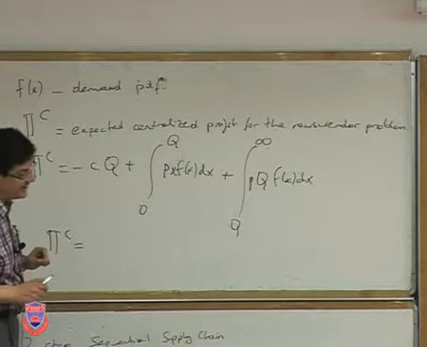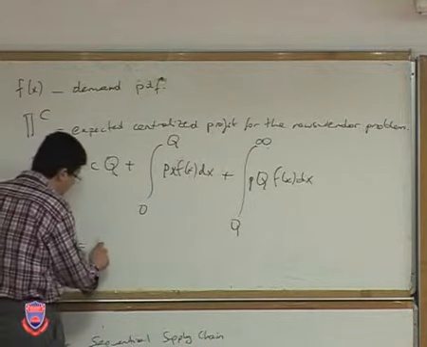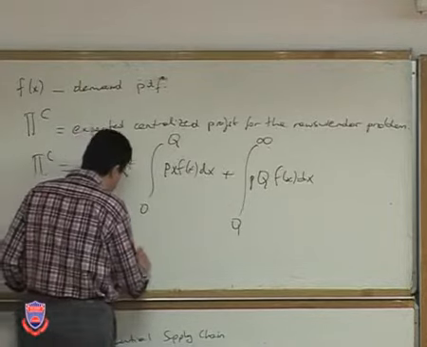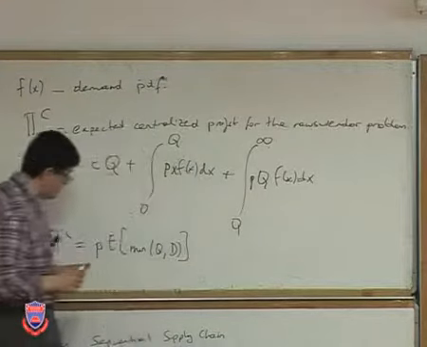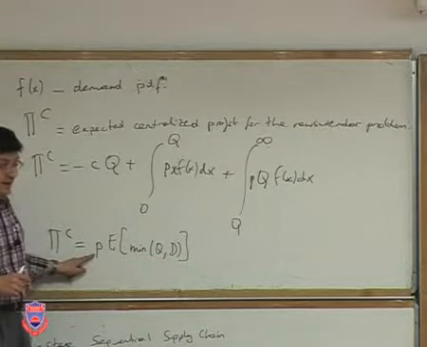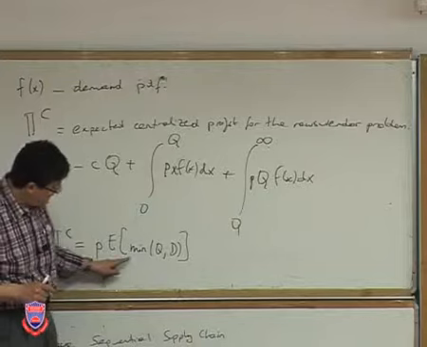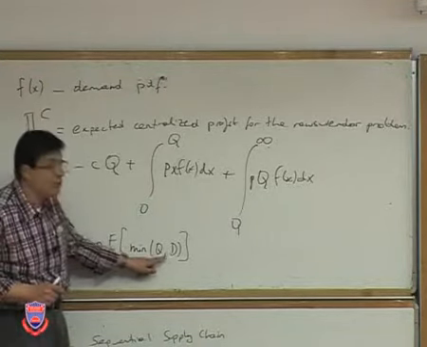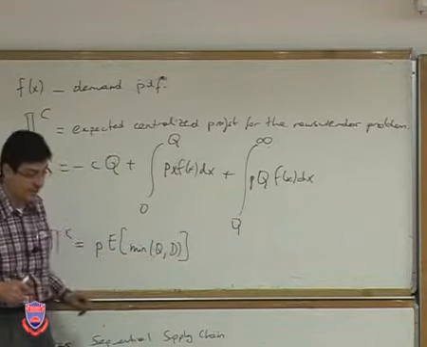So pi C can be written as P, the price, times the expected value of the minimum of Q and D. This means that you are going to receive the revenue for the items that you sell, and the quantity that you sell is the expected value of the minimum of Q and D, where D is the demand and Q is the quantity which is available.